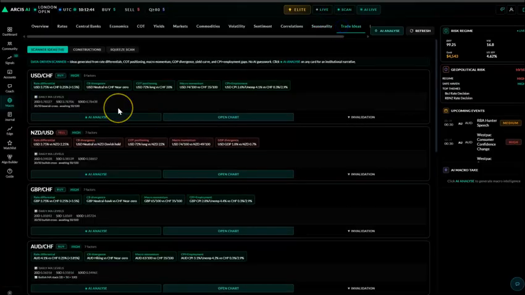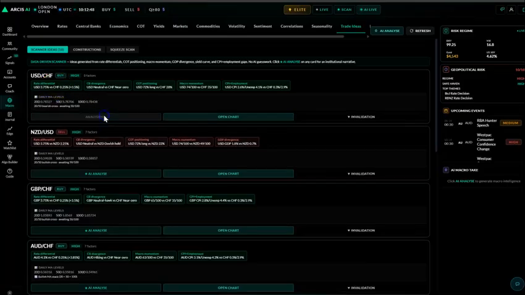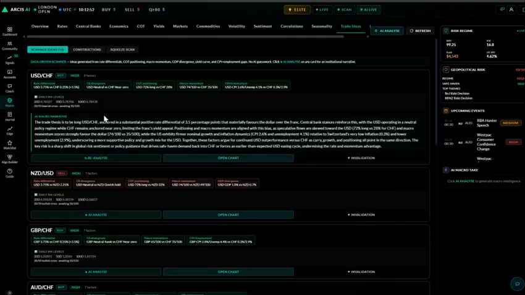Then we have the most important part for most traders, which is the USD Swiss franc. You can hit AI analyze and it will just break down all the macro data for you. And it's just basically telling you why it's saying that this is a good buy.